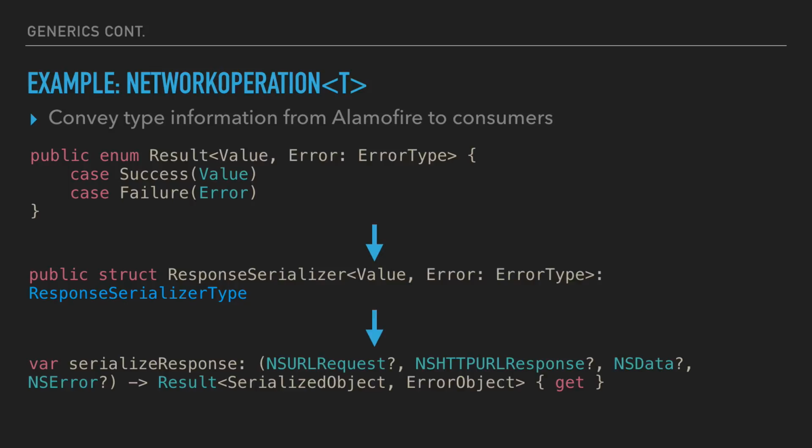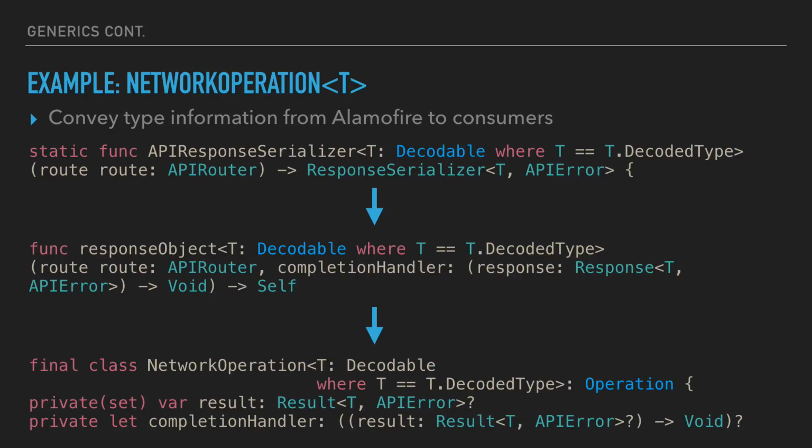And by doing this, we are not only able to maintain the type information from result and from the serializer, but through a protocol, we can now go all the way up to the serialization itself, where I implement how we are going to turn this JSON into our actual types. This Decodable protocol that you can see here in the generic declaration is from a library called Argo. And so Argo is a functional JSON parser, one of a thousand for Swift so far.